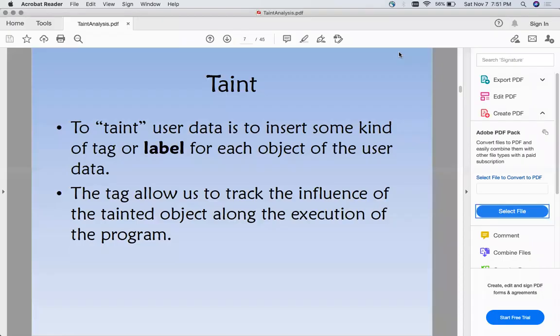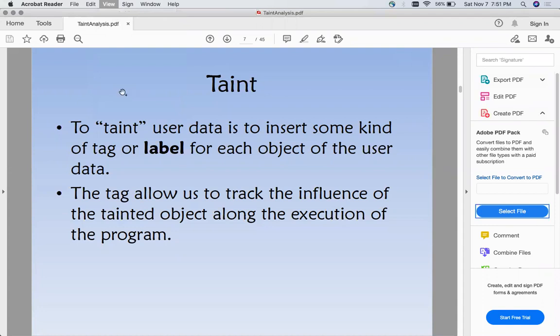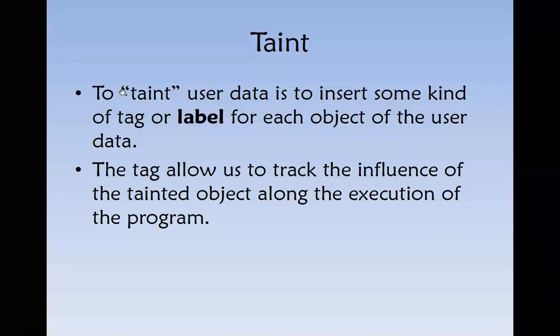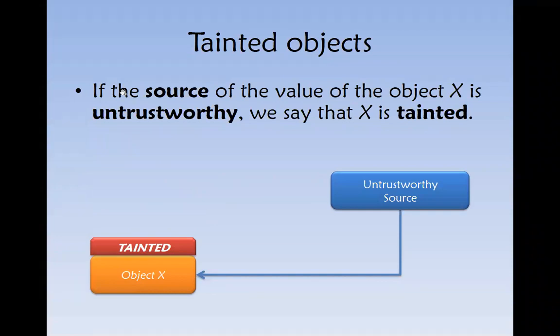Okay, so to determine whether an object is tainted or not, we generally associate a label or a tag with the object, and this is called the taint label or the taint tag. So when an object, for example, as shown in the previous slide, gets tainted by copying data from an untrustworthy source, the object will be marked tainted.